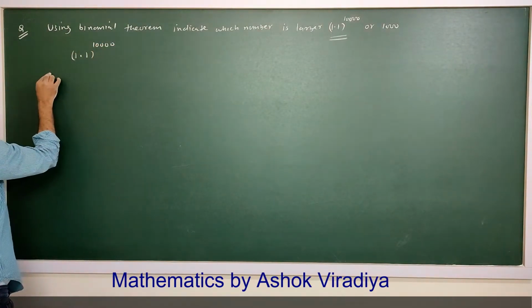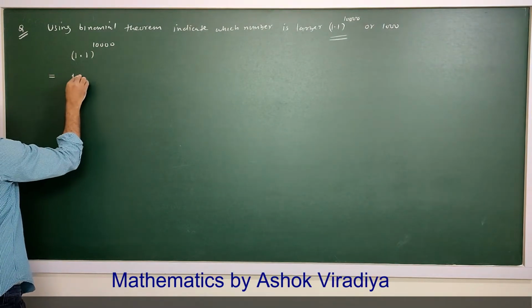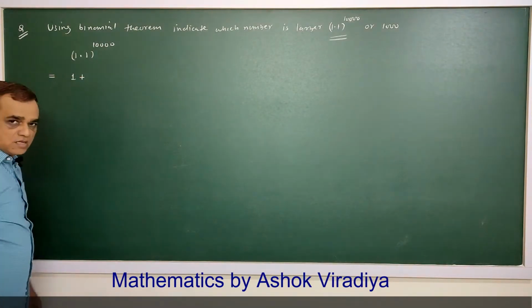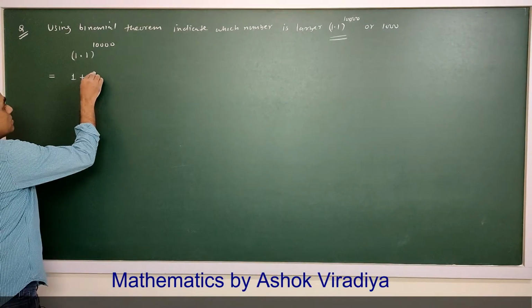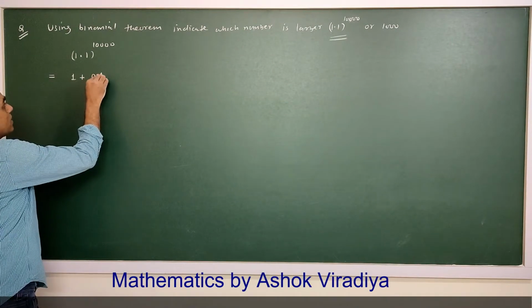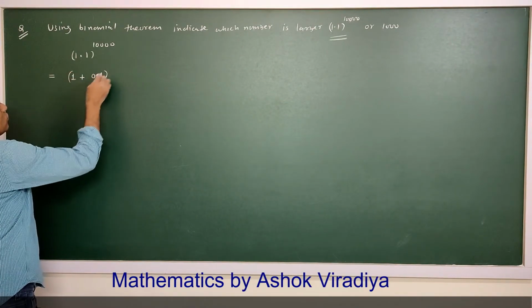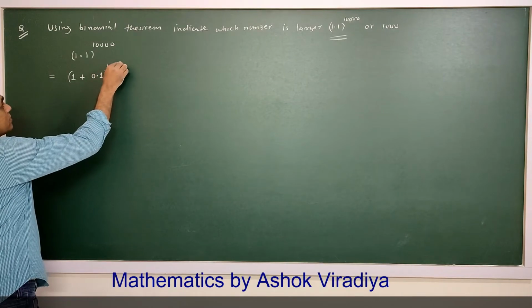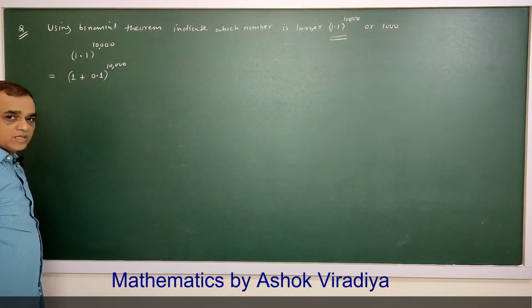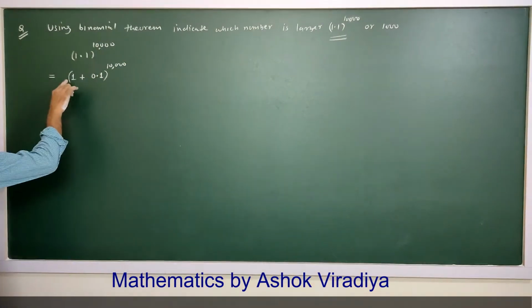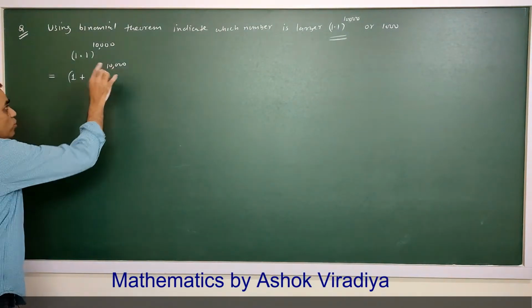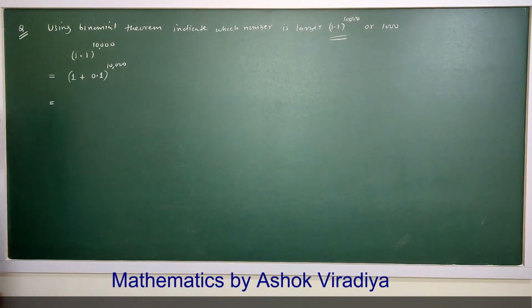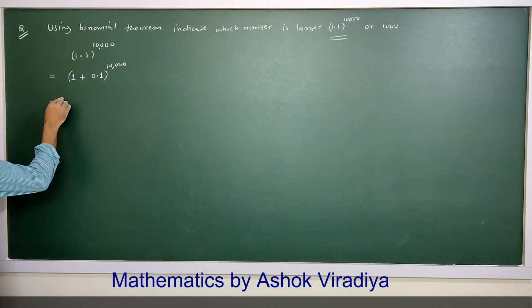This can be expressed as (1 plus 0.1) raised to 10,000. Now applying the formula (1 plus x) raised to n.